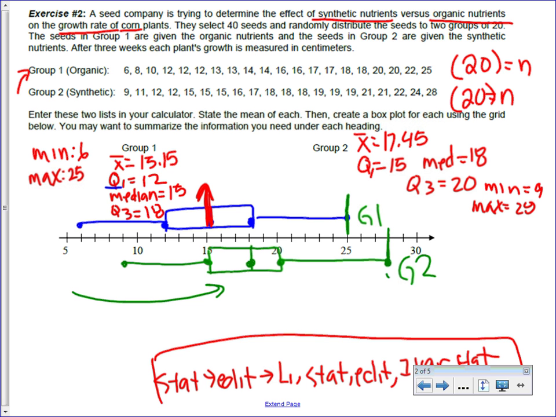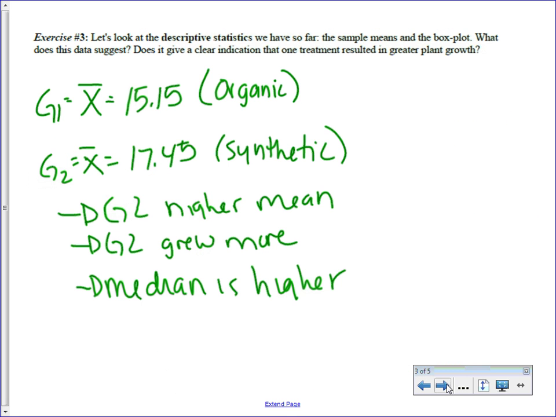But there was a plant that received the synthetic that only grew to 9 centimeters. So there are some plants in group 1 that are growing higher than the plants in group 2. So it's not like every single plant that received the synthetic nutrients is just totally surpassing group 1. So we have to keep that in mind. That's actually really important. So I'm going to write that down.